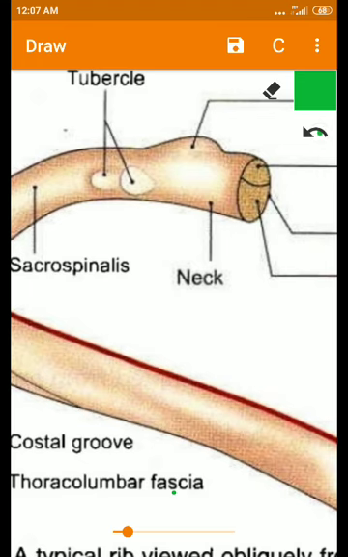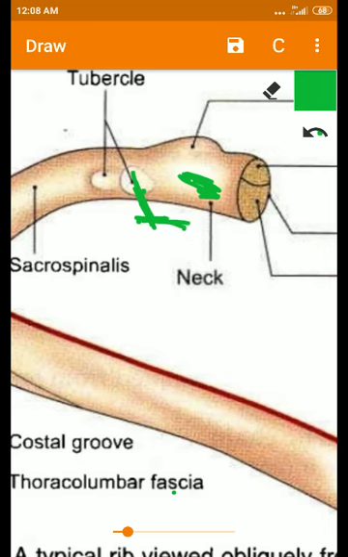So this posterior surface gives attachment to the inferior costotransverse ligament, because it is facing downwards. Normally the transverse process has a facet which articulates with the tubercle of the rib, forming the costotransverse joint.